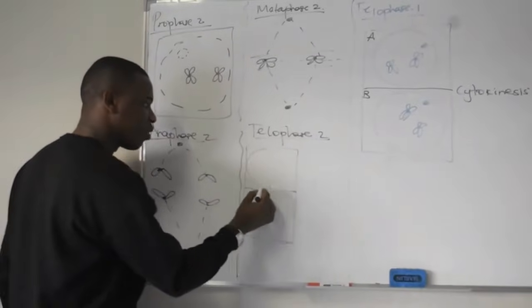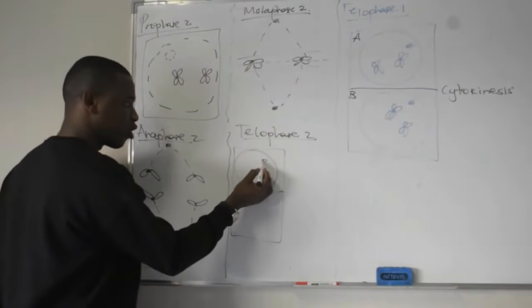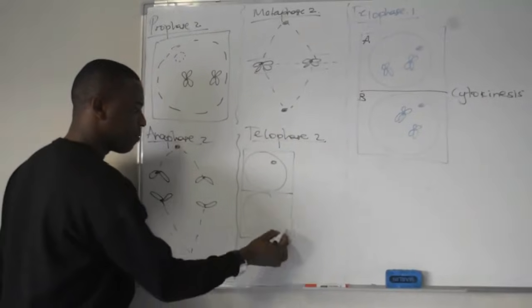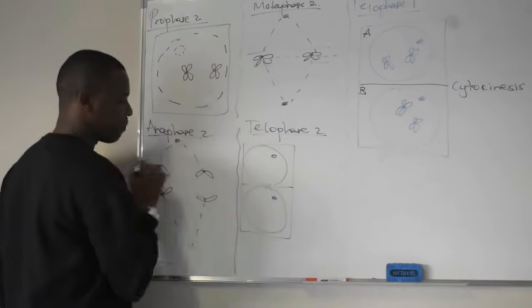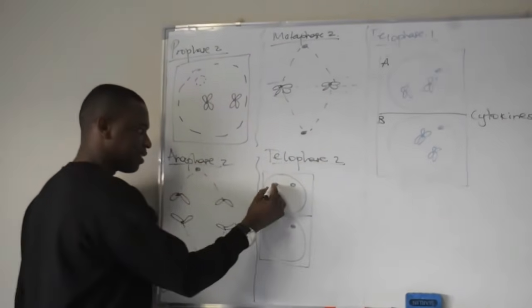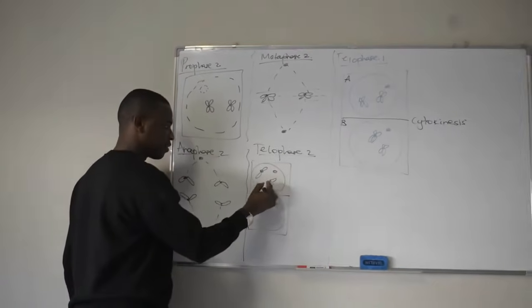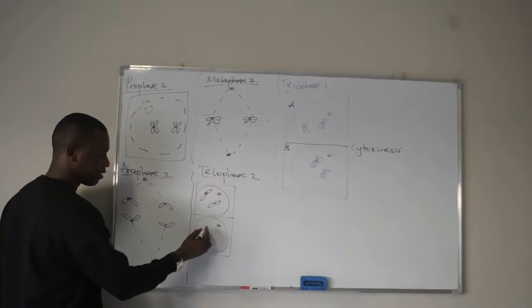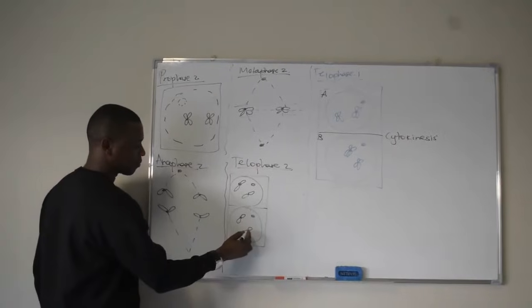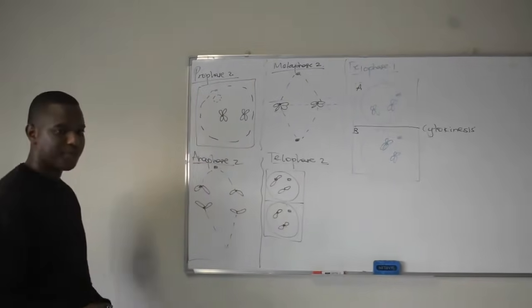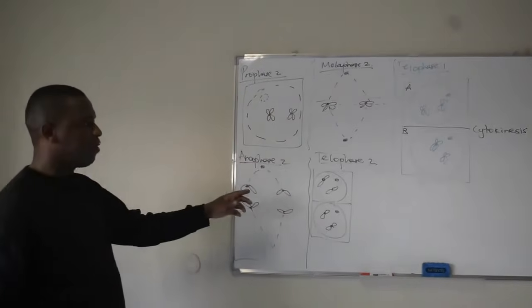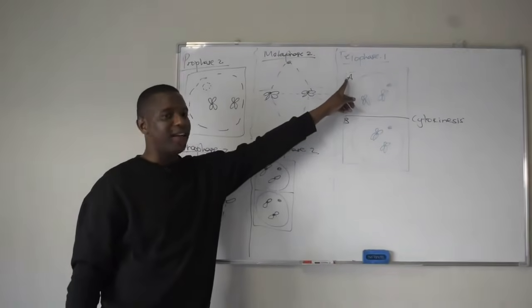Cytokinesis, nuclear membrane reappears, nucleolus reappears. Nuclear membrane reappears, nucleolus reappears. Two chromatids. Right. Mind you, I was still dealing with cell A.